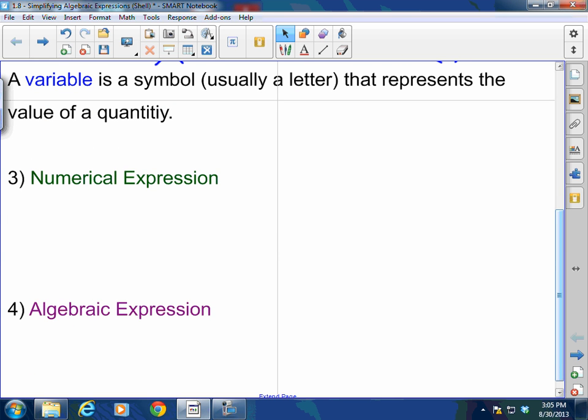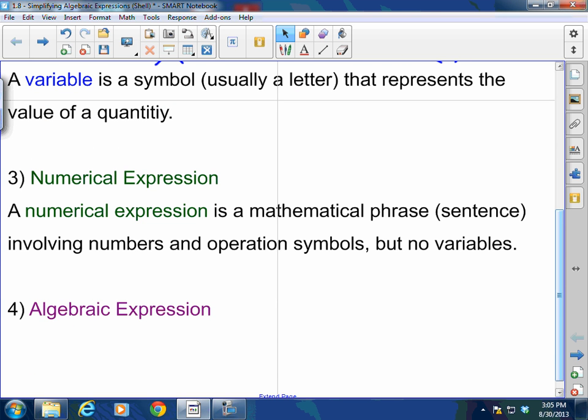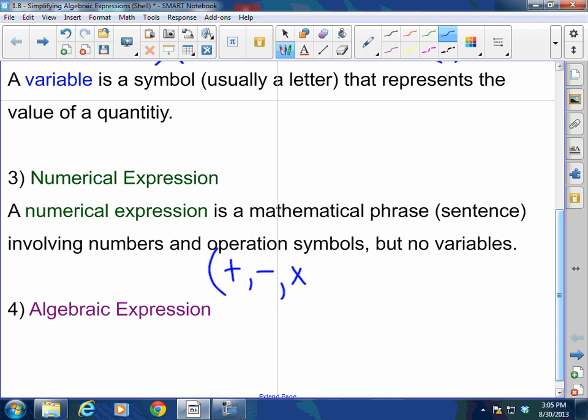A numerical expression is a mathematical phrase or sentence involving numbers and operation symbols, but no variables. Operation symbols would be plus, minus, multiplication, actually, I just said not to use x, so multiplication and division. Those are what operation symbols are.